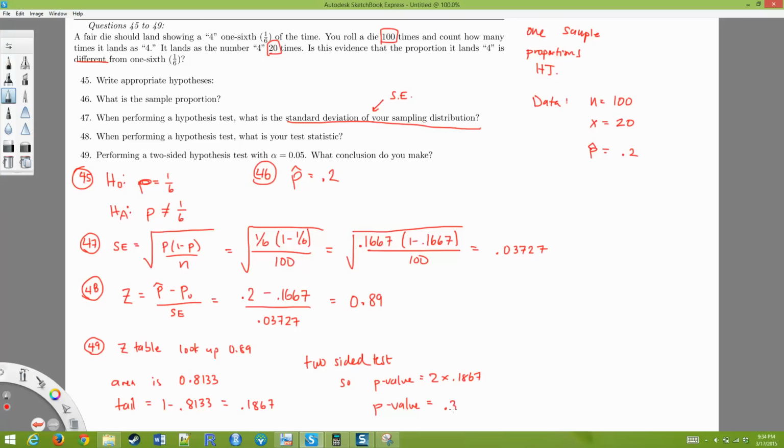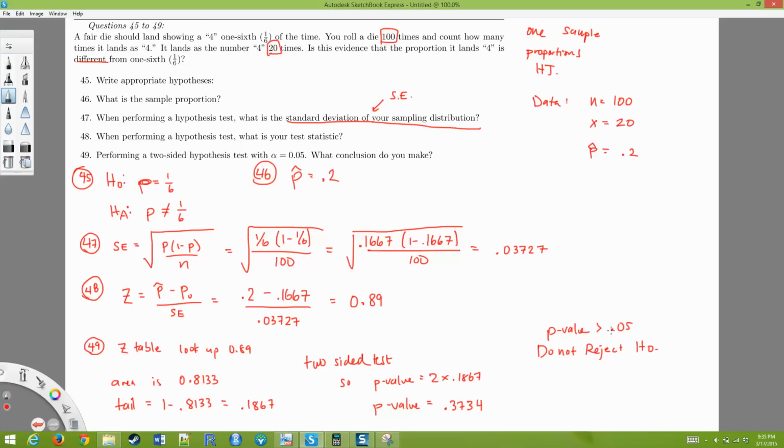All right. And so my p-value is bigger than 0.05. So that means what? We do not reject the null hypothesis, because if our p-value is bigger than alpha, we don't reject the null.